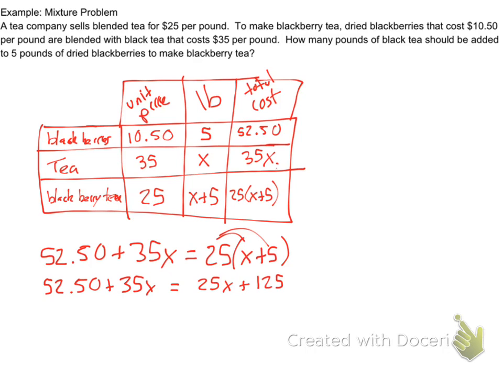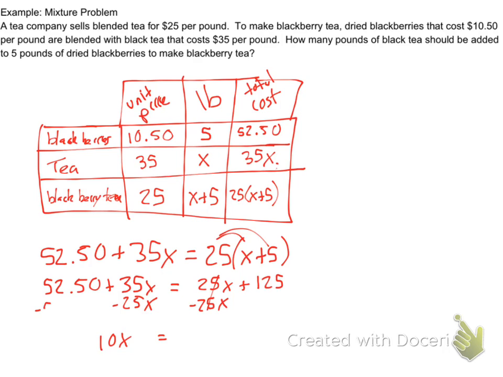Variables on both sides. Which one am I going to move? Why? Yeah, we'll move the 25x. It's smaller. So subtract 25x from both sides to end up with 10x. But since I'm getting the x's to the left side, I might as well get rid of the number on the left too.